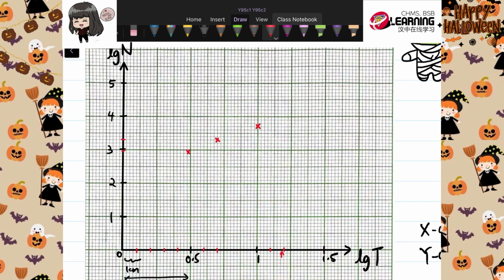Then 4.04. Then the last one, 1.3 to 4.2. Okay, so after that, I will draw a straight line graph.